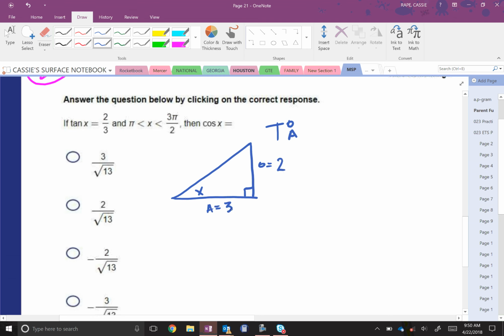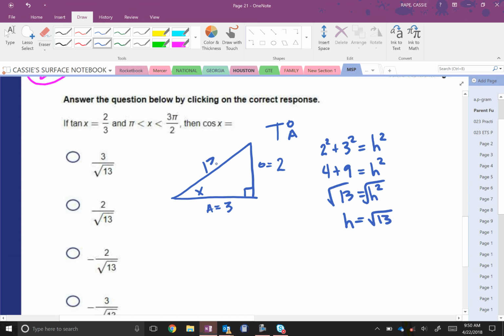Now, if you've got a side that's 2 and a side that's 3, that's 2 squared plus 3 squared equals whatever that hypotenuse squared is. So 4 plus 9 equals the hypotenuse squared. So 13 equals the hypotenuse squared, square root both sides, and you will know that the hypotenuse is the square root of 13.